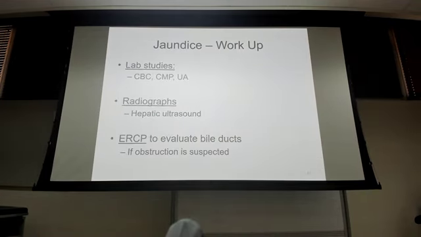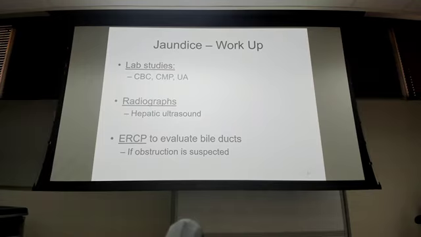How do we work them up? Well, CBC, CMP, UA. We can get hepatic ultrasound if we're worried about it being either liver or gallbladder or bile duct. We can get an ultrasound to see if we can visualize what's going on. ERCP is a special test we can do to look at the bile ducts if we think there's obstruction.